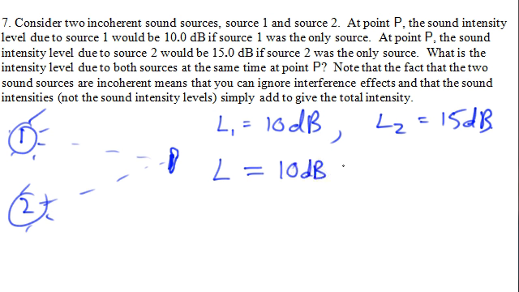times the log base 10 of the ratio of the intensities. So let's solve that for the intensity. Divide both sides by 10 decibels and raise 10 to what's on each side.